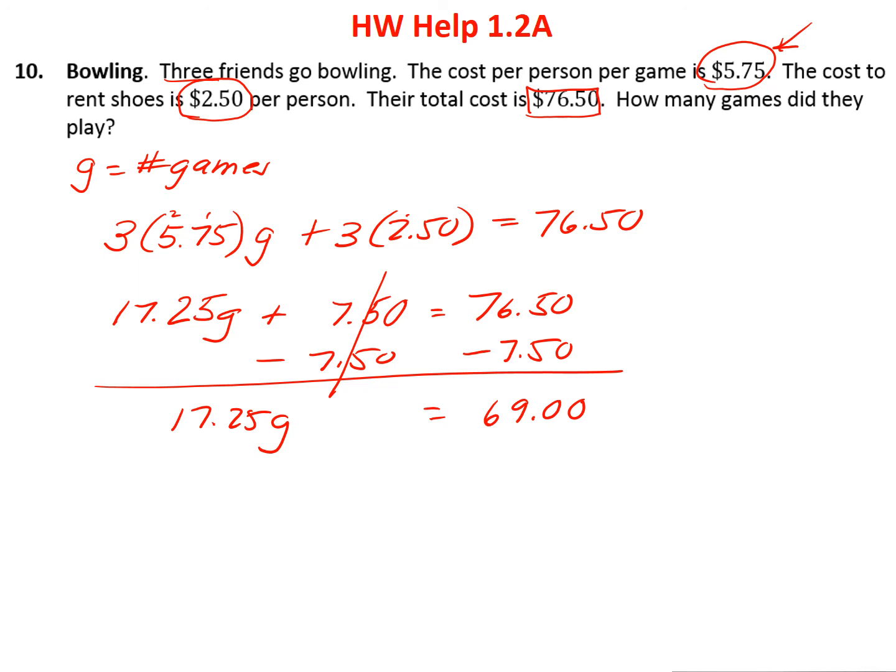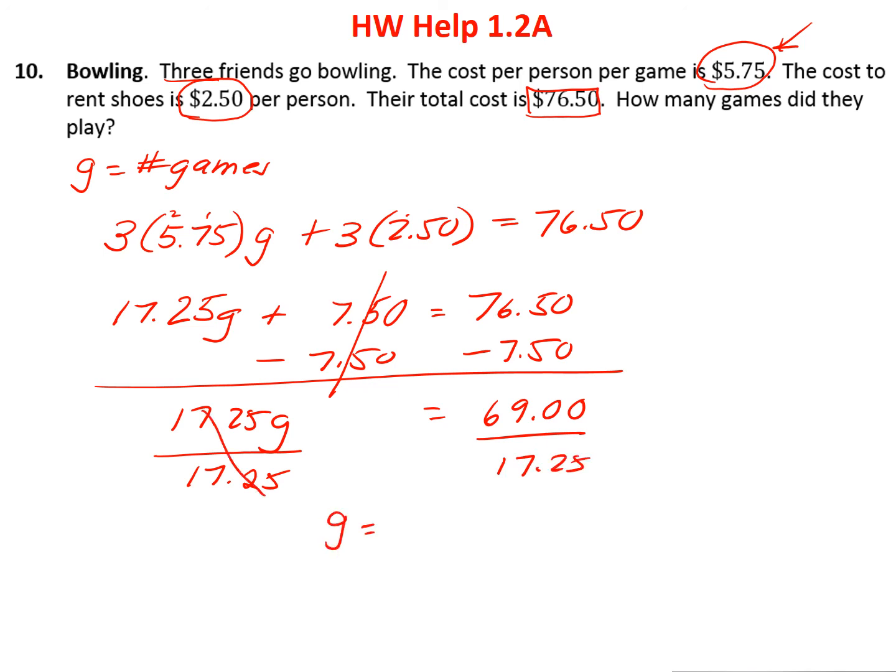Once we get rid of the shoes, it costs them $69 to do that. So now we're going to undo this multiplication, 17.25 times the number of games. So we undo the multiplication by dividing by 17.25 on both sides. This becomes the number of games.